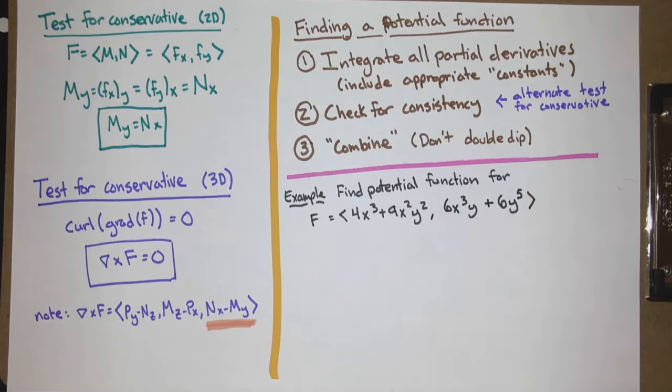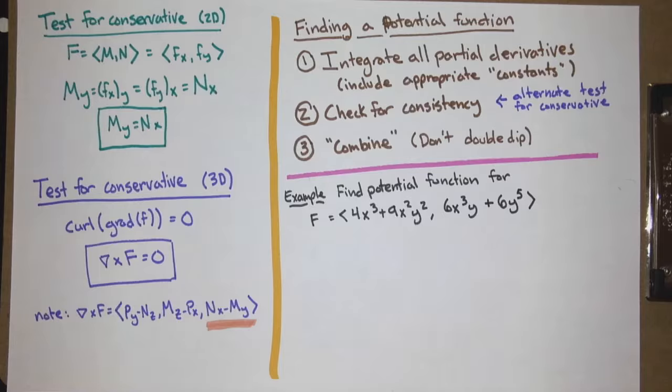It turns out that's sufficient. As long as those partial derivatives match, you are conservative. So that's a test. Even if you can't find the potential function, you can at least verify it's conservative. And that's how you can bring your own curve.